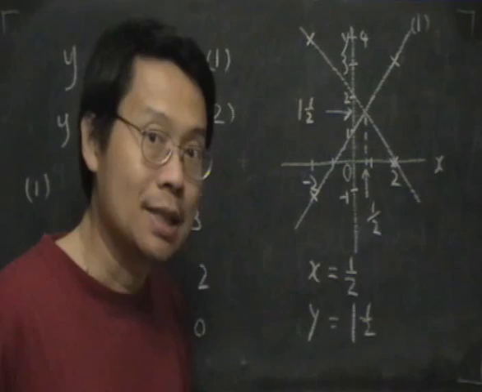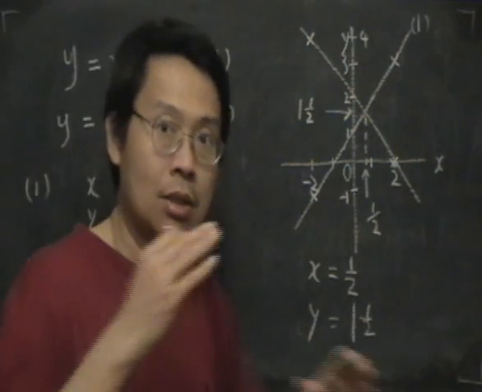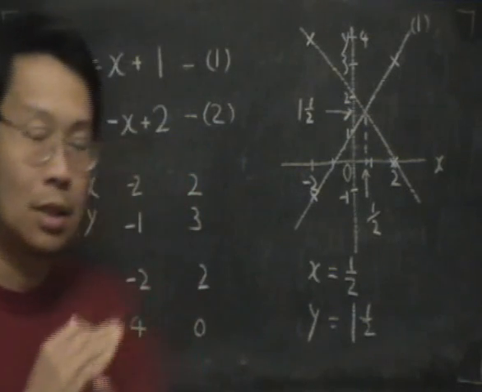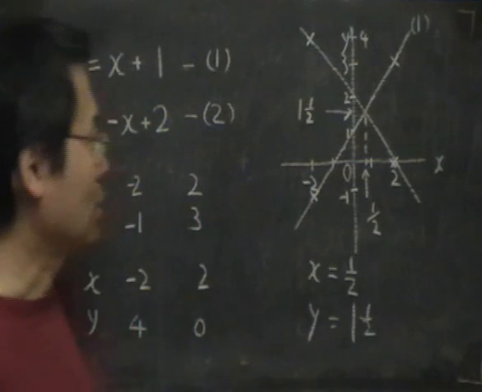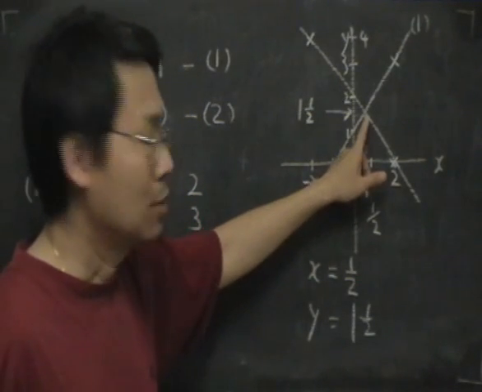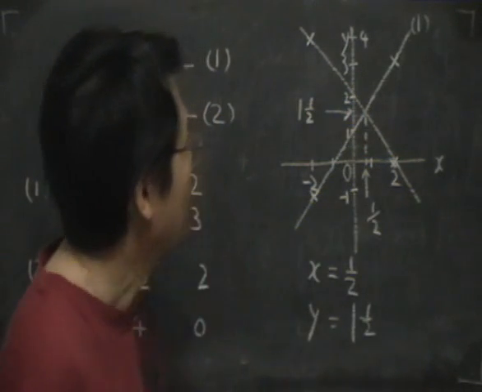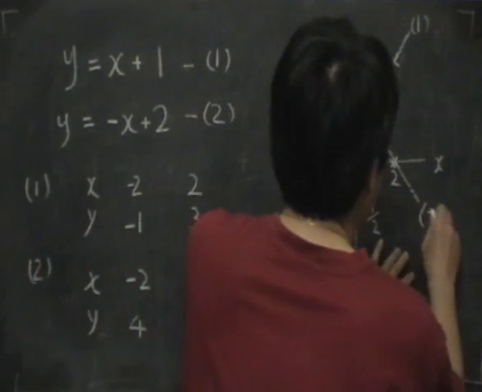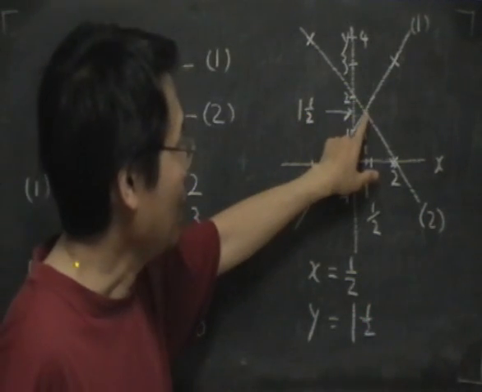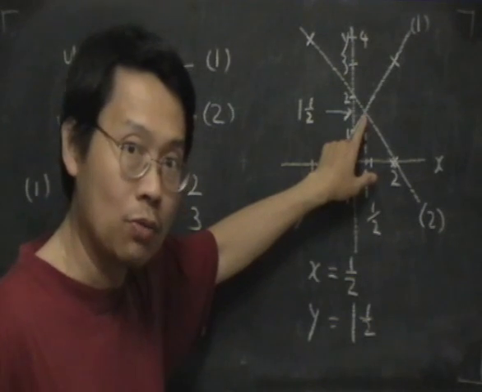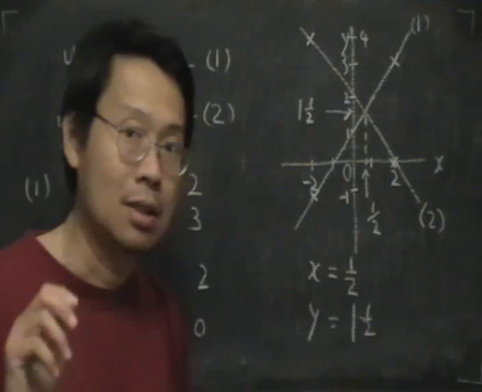That's the point of intersection, the point where the two straight lines cross and cut each other. Now there is something special about this point. The point of intersection lies on line number 2. Let me label that. The point of intersection also lies on line number 1.